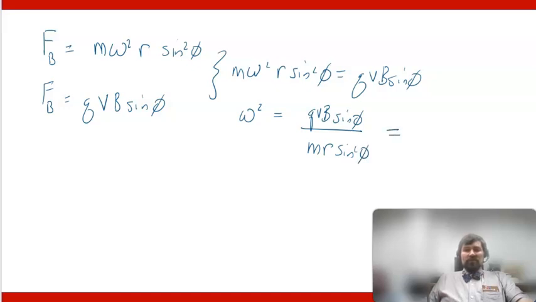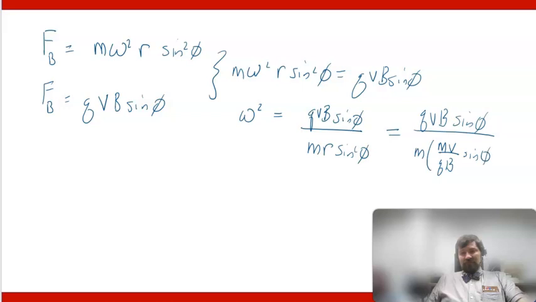Making that substitution for r that we had on the previous page, you'd have QVB sine phi divided by m times, this is mv over qb sine phi, sine squared phi. So now we can cancel some like terms.